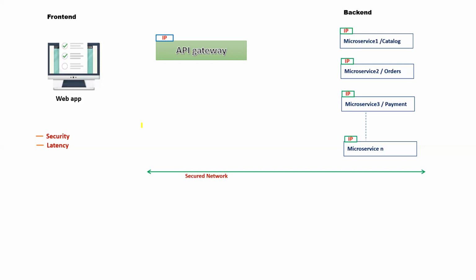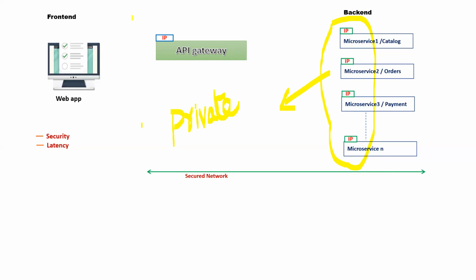So if you have an API gateway, I'll not be exposing these IP addresses as public. I'm going to expose these IPs as private IPs so that they won't be exposed to a hacker for direct access.